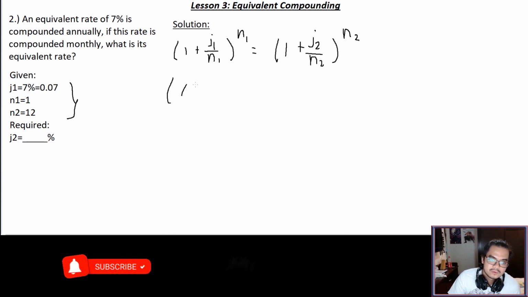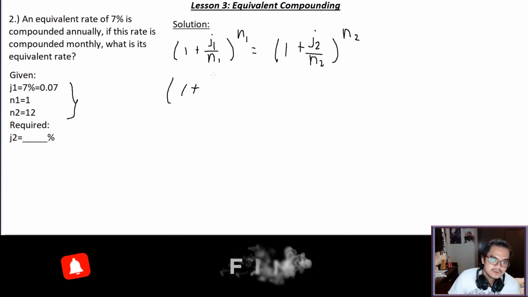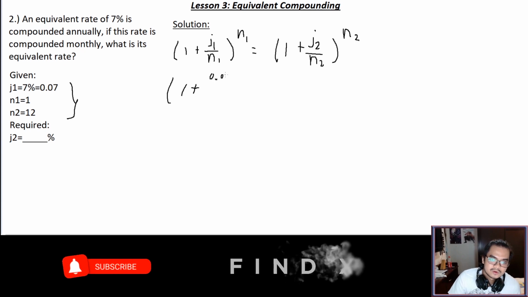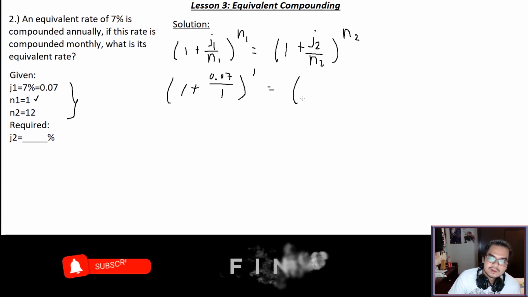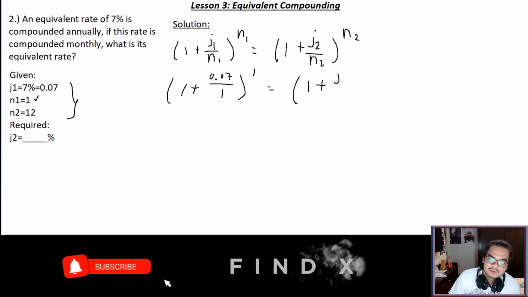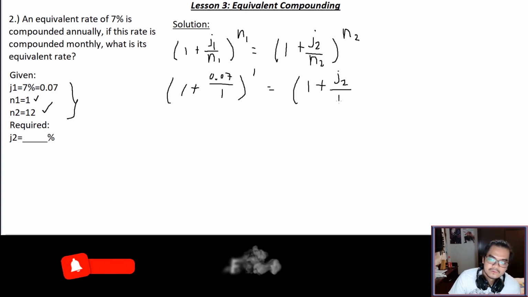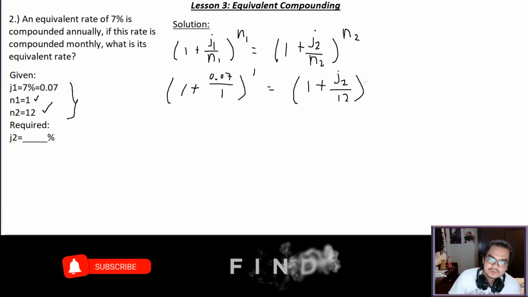So you'll have here 1 plus your J1 is 0.07 over 1. Okay, N1 is 1. This is raised to 1. This is equal now to 1 plus J2, which is what we are required to find. N2 now is 12, raised to 12.